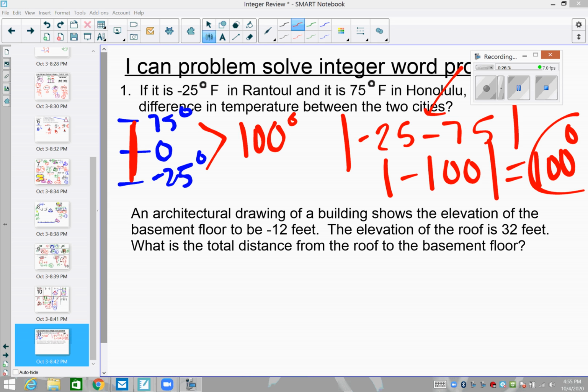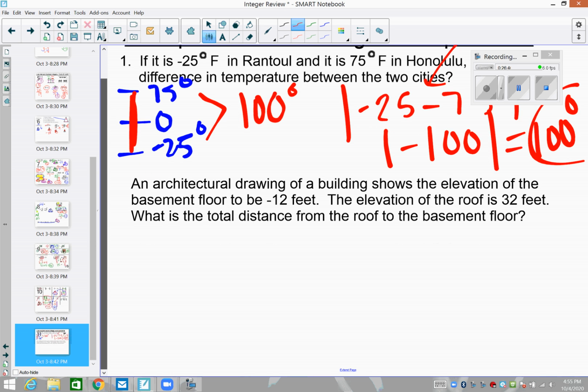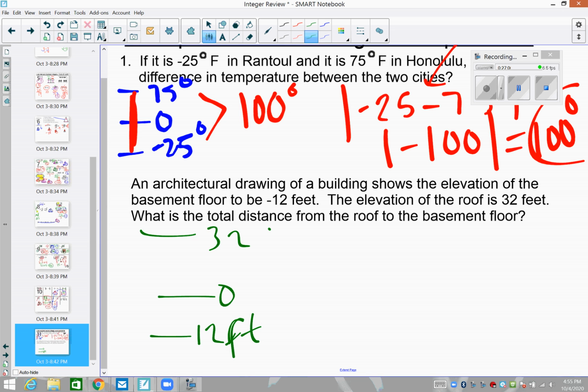So you should have tried that. And now I want you to unpause the video. An architectural drawing of a building shows the elevation of the basement floor to be at negative 12 feet. So if this is 0, we're at negative 12 feet. The elevation of the roof is at 32 feet. What is the distance between those? So the total distance here between those, you can see is 32 from that distance and then 12 more, right?